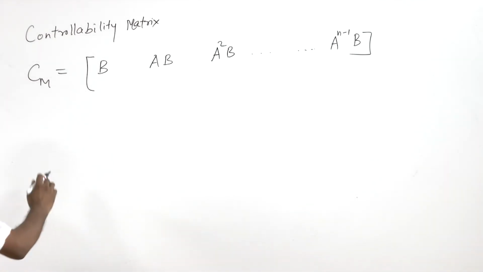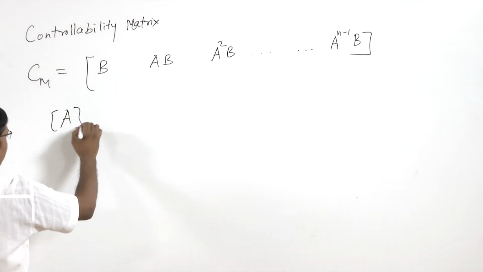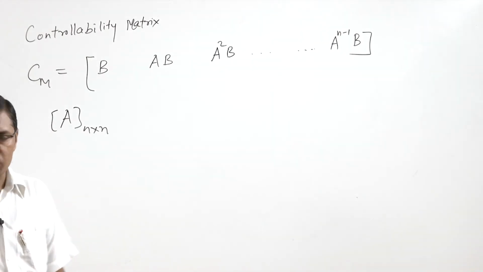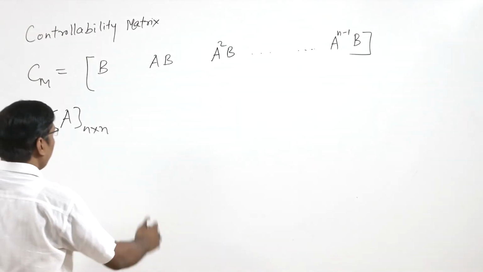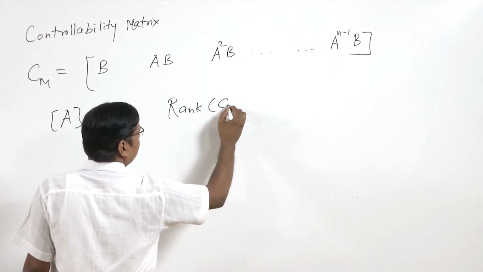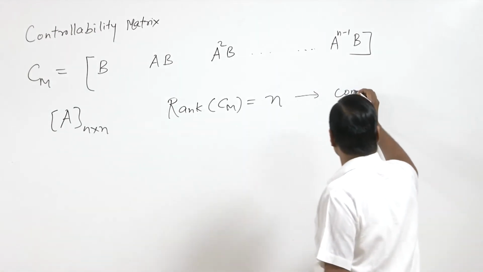If the system is of nth order, that is, if our matrix A is an n by n matrix, and the rank of CM equals n, then it is controllable.